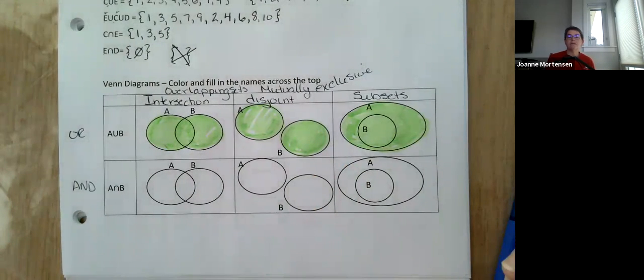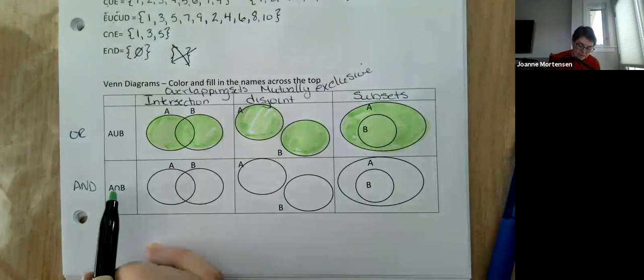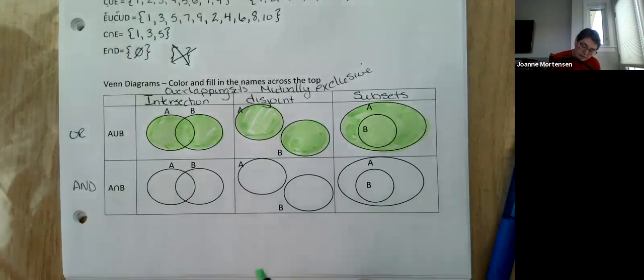And there we go. That's how it would look with a subset. So you're coloring all of the A circle, all of the B circle. Done. Now, intersection is a little bit harder.